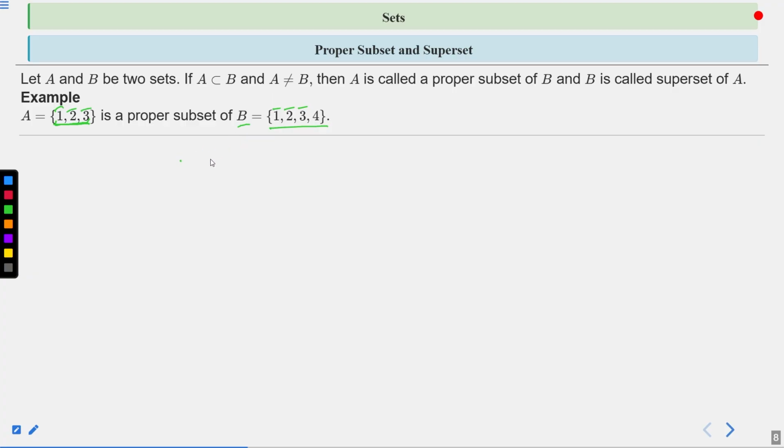So far so good. Now, in order to be a proper subset, we require the condition that A is not equal to B. Yes, it is already stated in the definition.